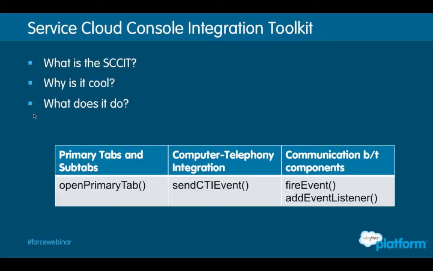In addition, we have some other methods that deliver an approach to customize the user experience. For example, primary tab and sub-tab methods. Those allow you to open tabs, close tabs, name tabs, style them, and deliver whatever kind of unique presentation your requirements dictate.